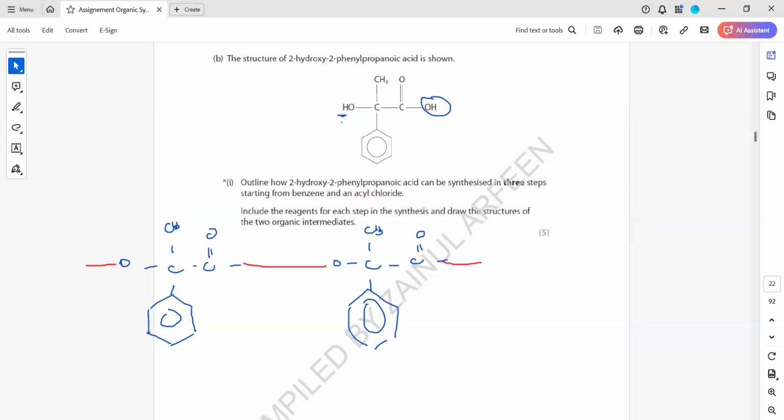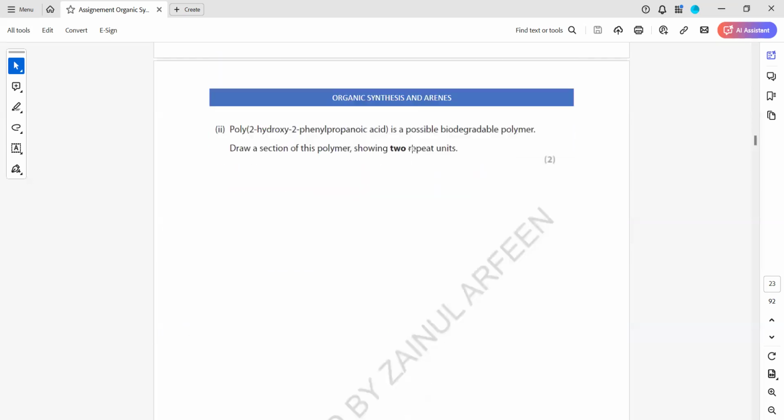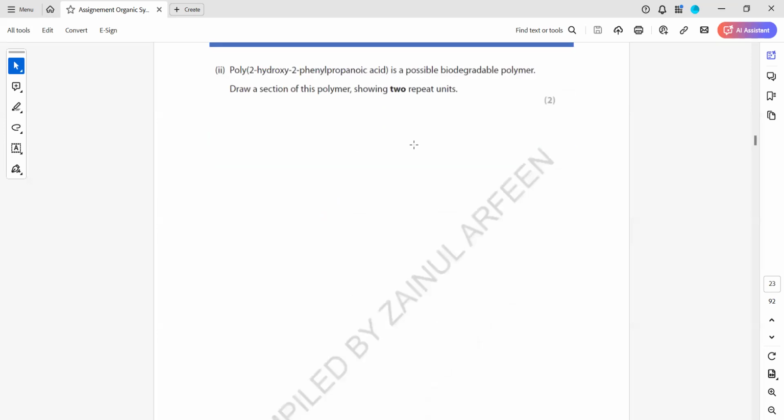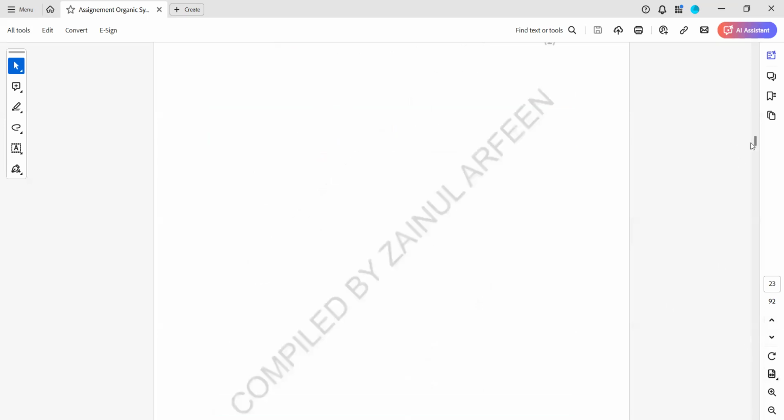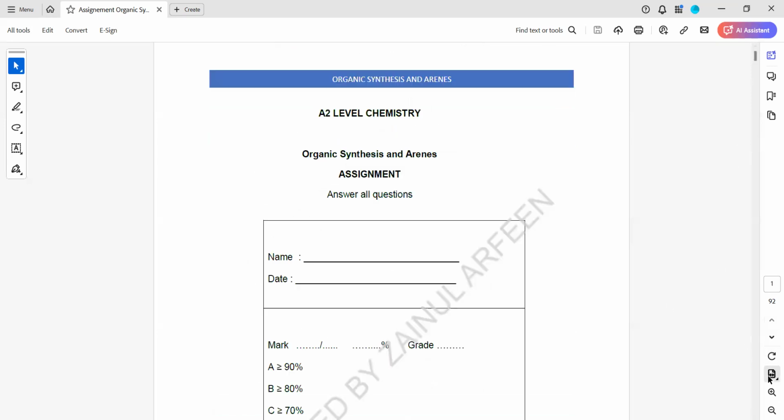So you can see here, this will form an ester linkage. This will be the polymer formed by these two identical units, and it's biodegradable, meaning it can decompose by itself. So this was question 6 from organic synthesis.